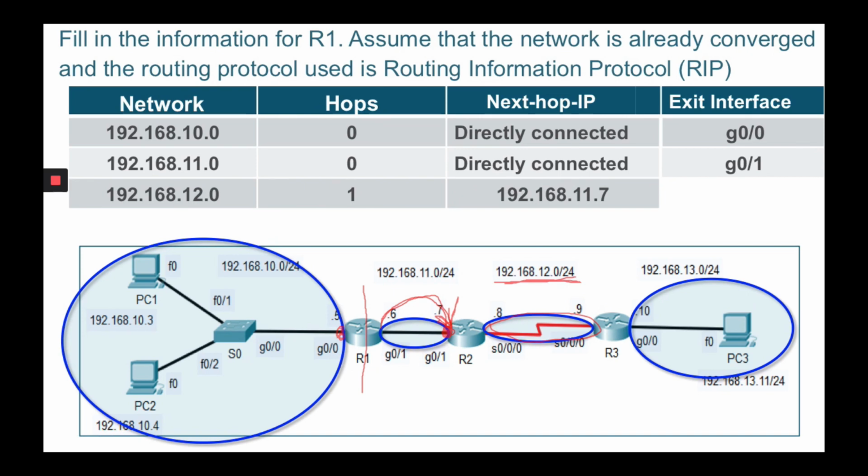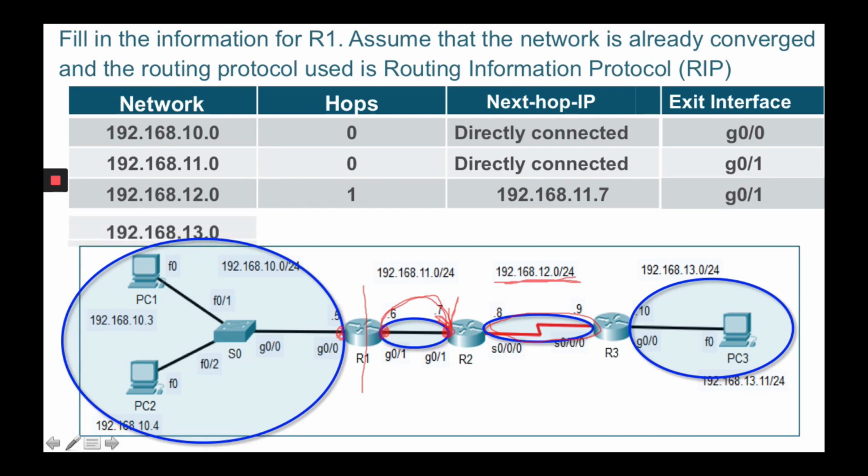You have to look at router 1, because the question is asking you to fill out the information from the router 1 perspective. In order for R1 to reach the network of 192.168.12.0, the exit interface will be G0/1. That's why this is your answer.